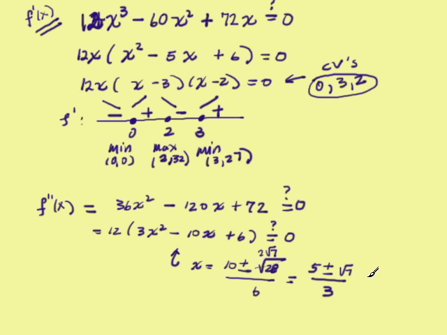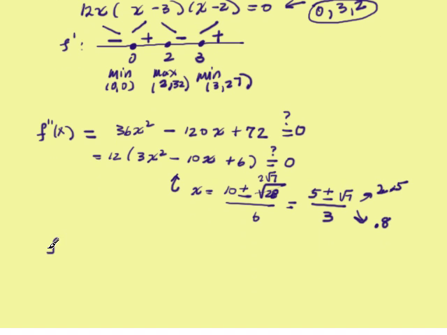Okay, so 5 plus is approximately 2.5, and 5 minus is approximately 0.8. So we're just approximating these values. Let's do our plus minus analysis.